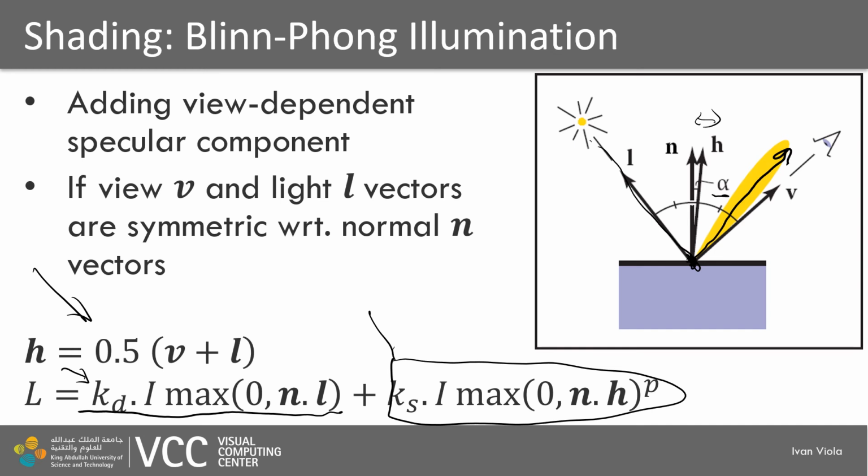And additionally, this max term is raised to a certain power, because sometimes we want to change the size and the crispiness of this specular highlight, and for this power function, this shininess exponent will help us to model the particular properties of a material.